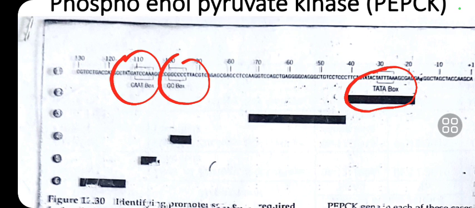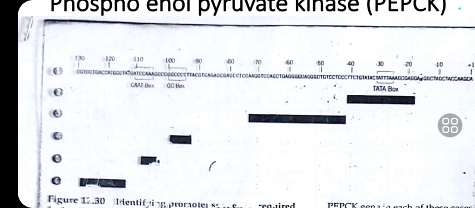Here we can see the TATA, GC, and CAT boxes, and how removing these regions, the TATA, GC, CAT box, and other sequences in between the TATA and GC boxes, can affect the transcription rate.